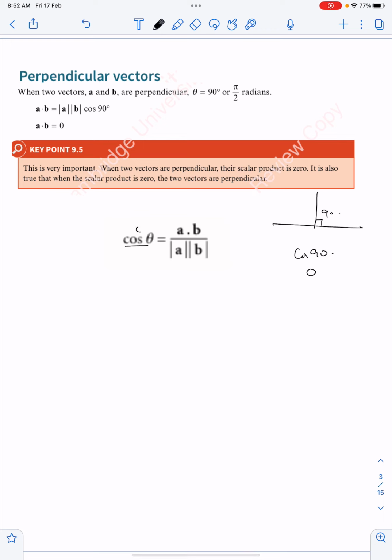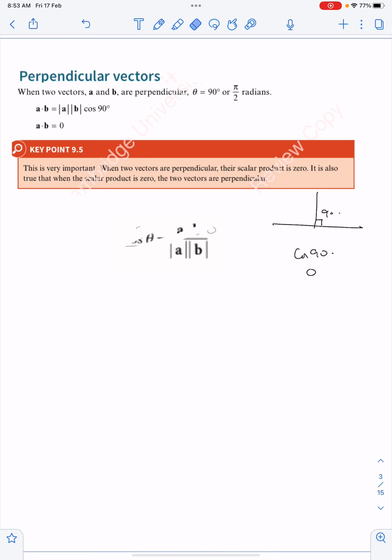That means if this is 0, this will also be 0. That means if two lines are perpendicular to each other, the result of the dot product is 0. It is also true that whenever this dot product is 0, the two vectors are perpendicular to each other.